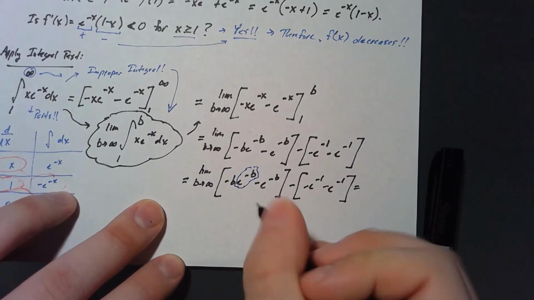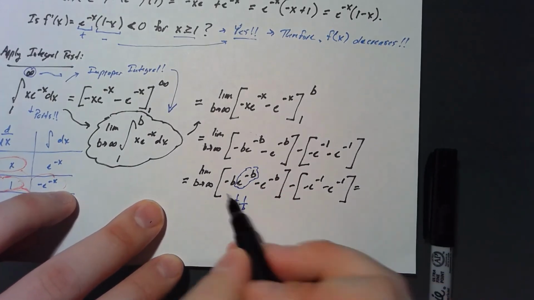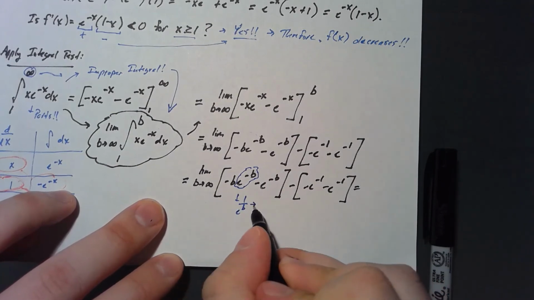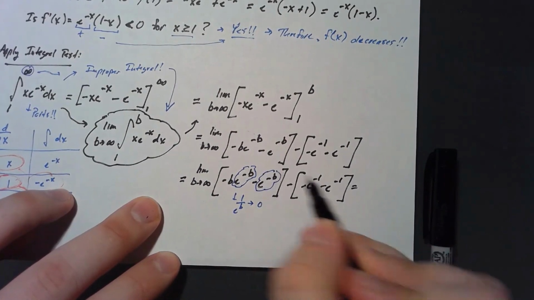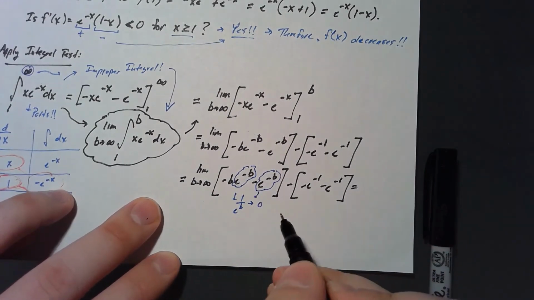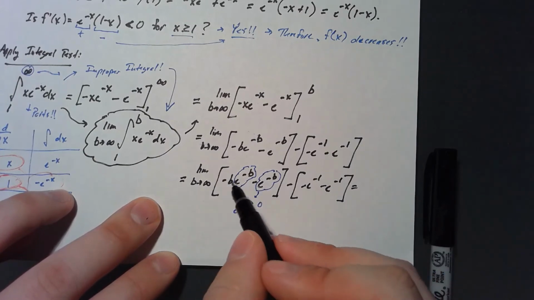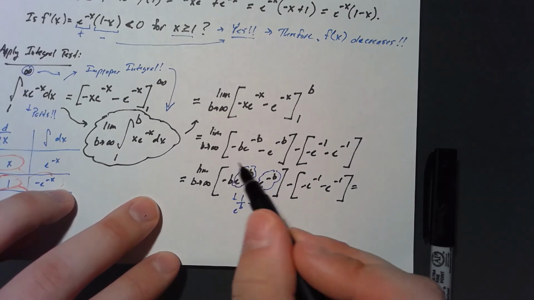If I rewrote this as 1 over e to the b, and as b goes to infinity, this is going to be 1 over infinity, which goes to 0. Same thing here, same thing there. So this is going to be 0. This is going to be 0. So this is going to be negative infinity times 0 minus 0, which is what?